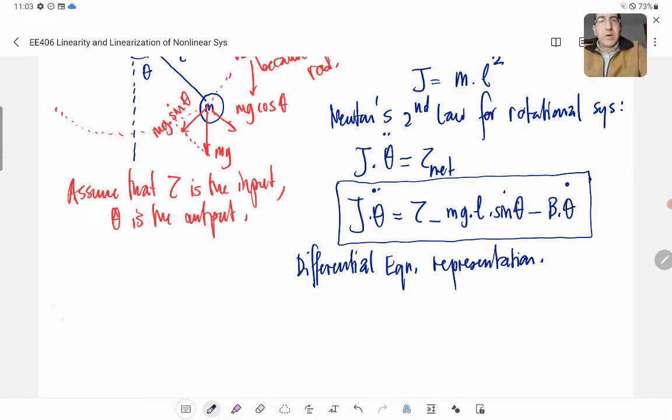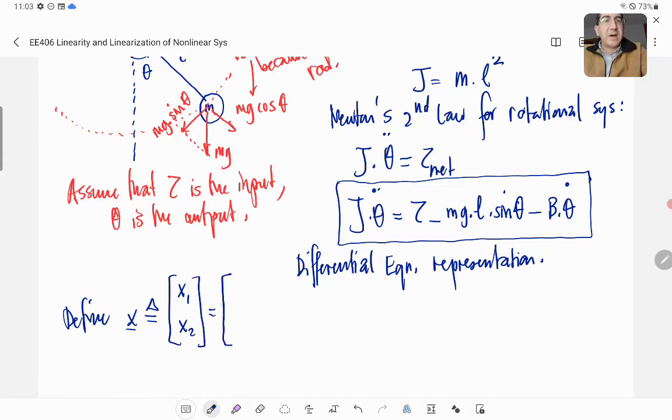So define our states as x, which is a vector composed of x1 and x2, two state variables, and that's going to be defined as theta and theta dot. So angular position theta and angular velocity theta dot.